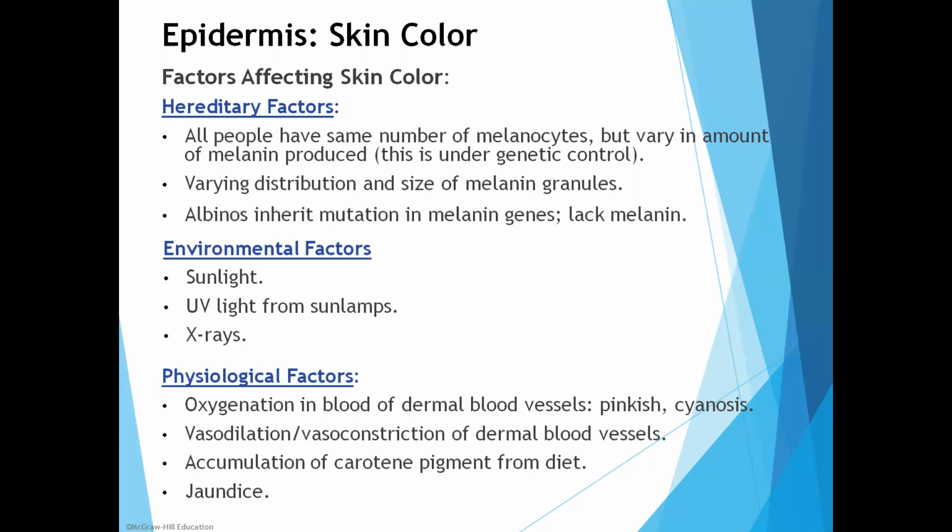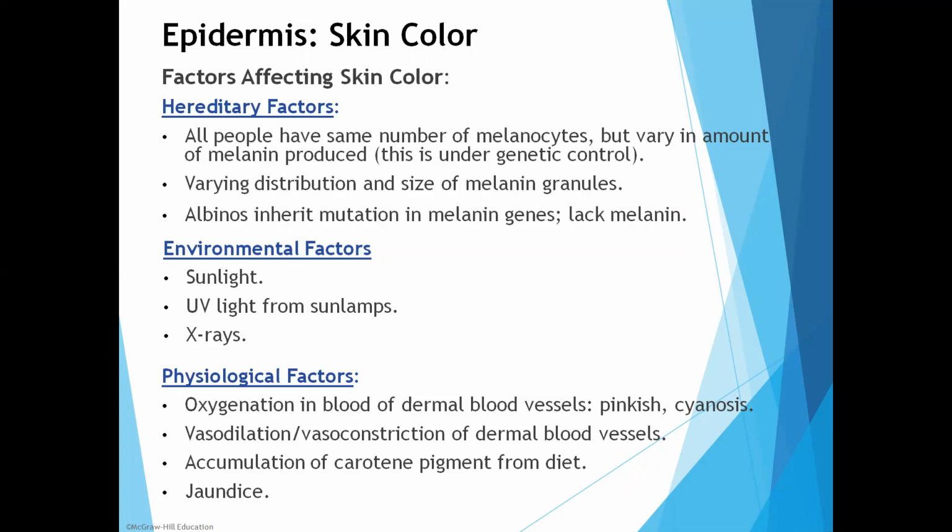You have certain genes in your body, but they're not always expressed. Now, although we're born with the same amount of melanocytes, it can vary the amount of melanin. And you can even probably see that in your own families, why some people have darker skin than others. It has a genetic role to it, as well as a little bit of environmental. So there's varying distribution in the size of melanin, as well as the amount of melanin produced.